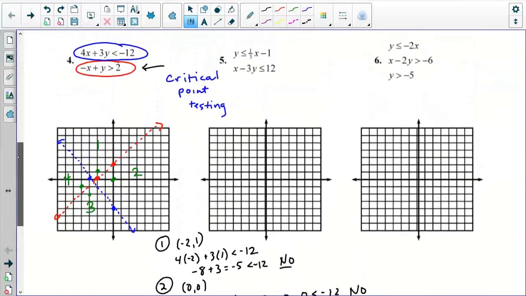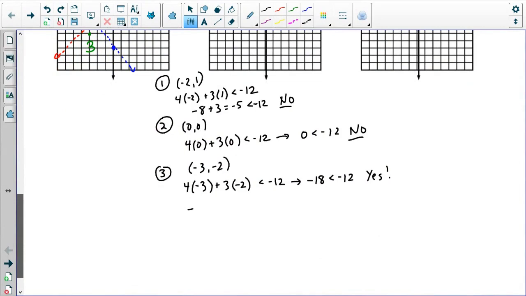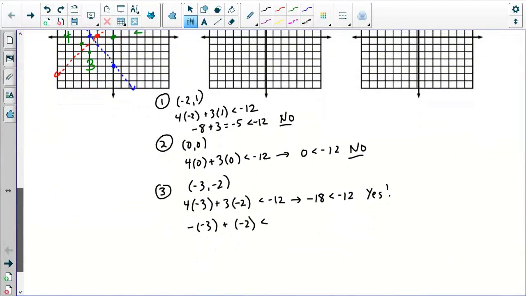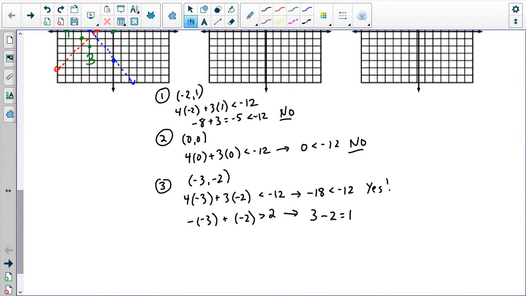If it works in the other equation, then I have a winner. Negative x plus y is greater than 2. 3 minus 2 equals 1, which is not greater than 2. So that's a no. So that means region 3 is not my winner.